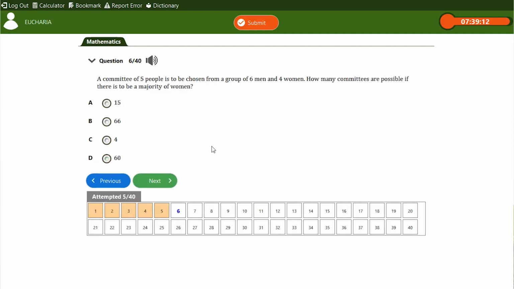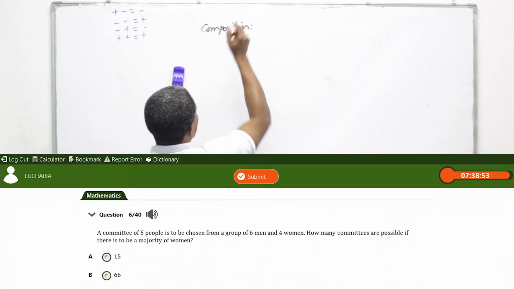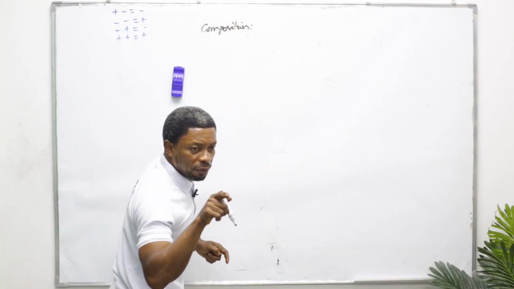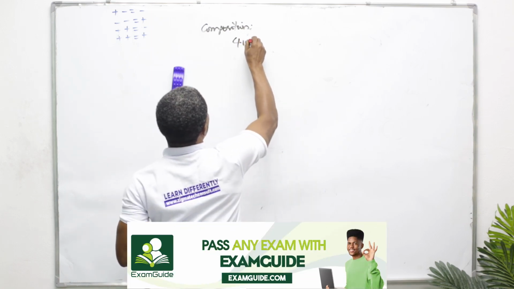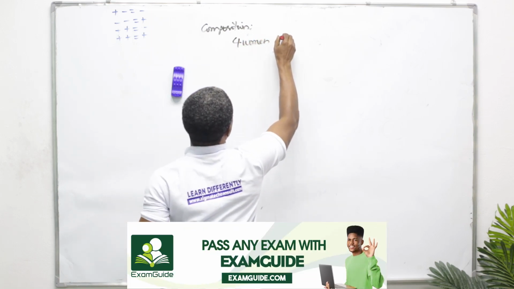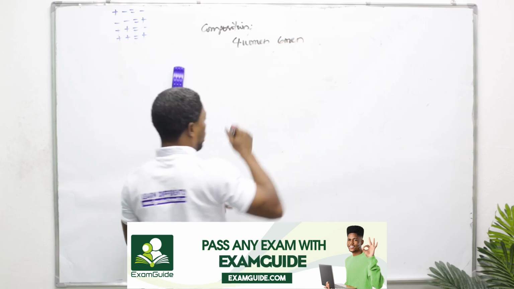A committee of 5 people. This one is not permutation. This one is combination. A committee of 5 people. Now, let's look at the composition of this group. By composition, I have 4 women and then 6 men.